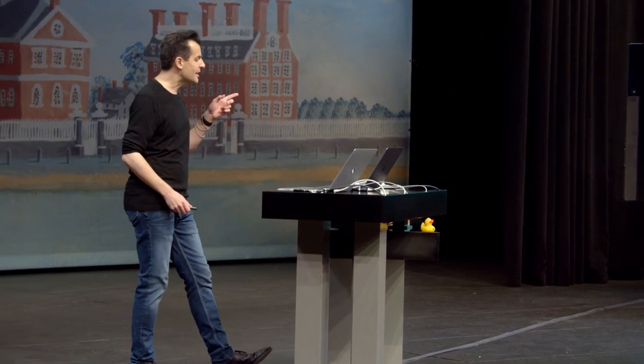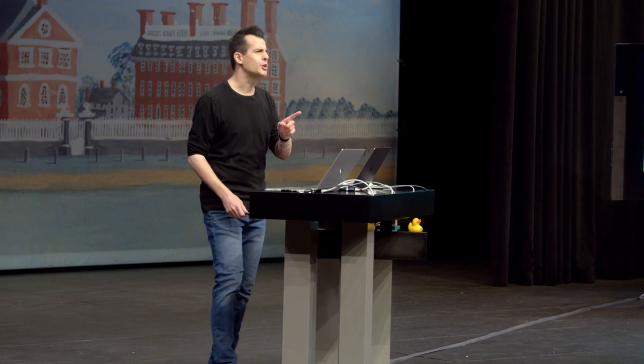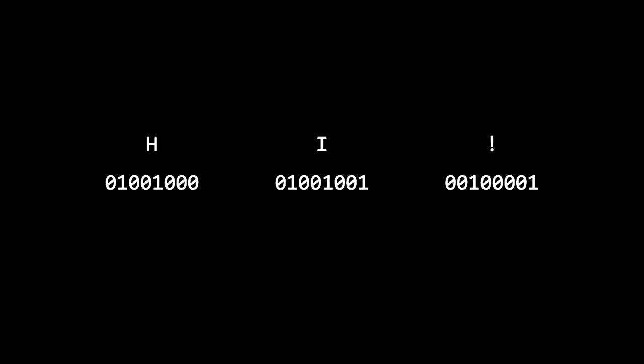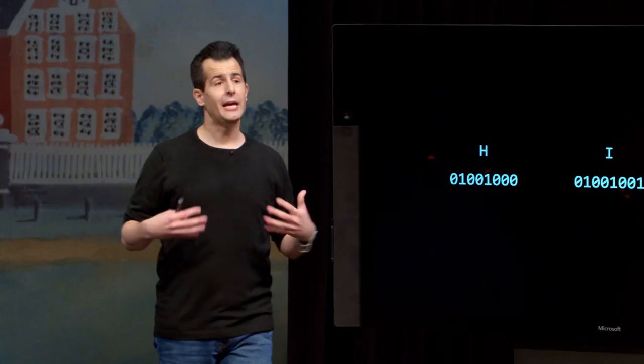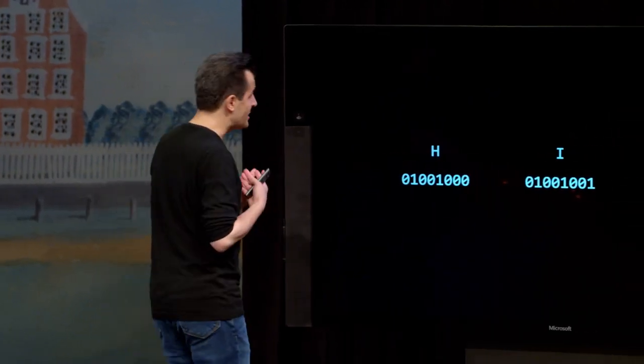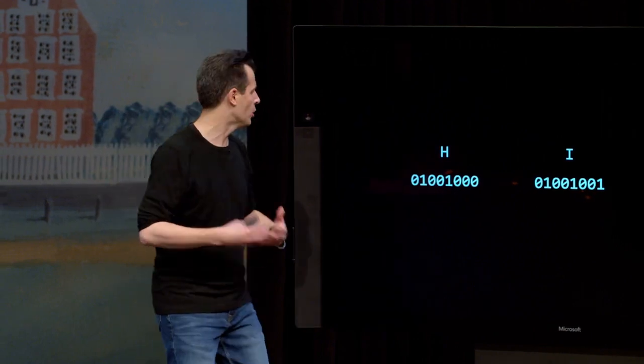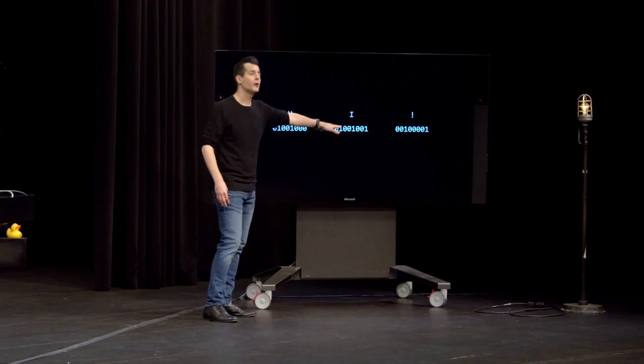But it turns out, too, that we should consider just how many zeros and ones we're using now to represent the 72, the 73, and the 33. So let's look one last time at the binary representation, which, as per the light bulbs, are these patterns of bits here. So when you receive a text message from a friend saying, HI exclamation point in all caps, you're technically receiving a pattern of bits, some kind of frequency if it's wireless, that represents this pattern of bits.